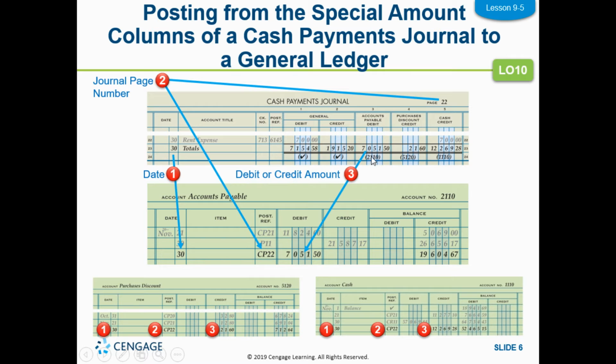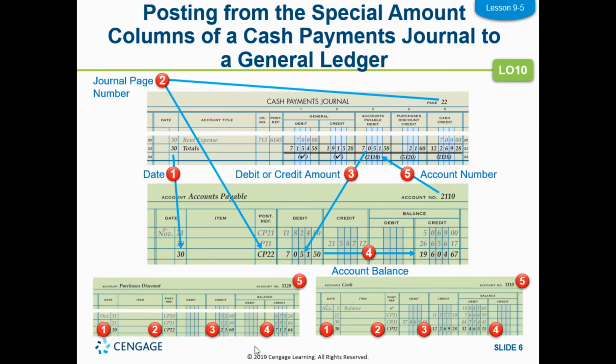We're then going to take the debit amount from accounts payable, $7,051.50. Now remember, accounts payable has a credit balance as our increase side and our natural balance. We are then going to deduct from our $26,000 previous balance the $7,000 debit, come up with a new credit balance of $19,604.67. All right. And we go back and we post 2110, our account number, back in the column, just like we did in previous chapters.